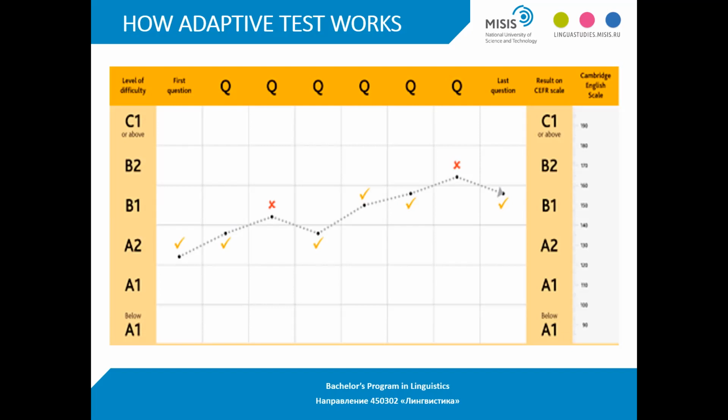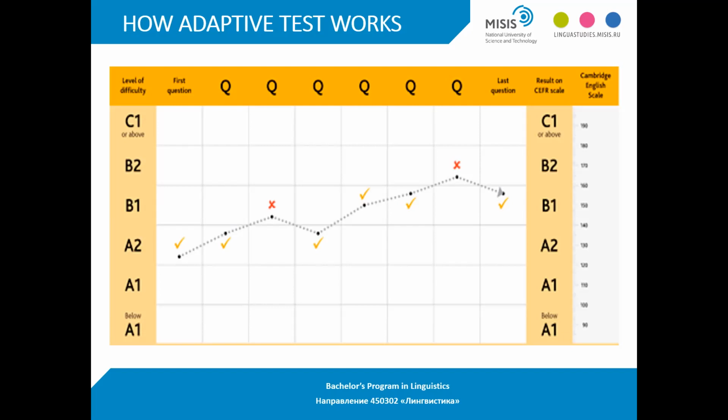If you succeed with task number 1, task number 2 will be slightly higher, as you see in this graph. Then this particular candidate, our imaginary candidate, got to B1 level, but failed the B1 level task, and he or she was taken back. The next task was again from A2 level.